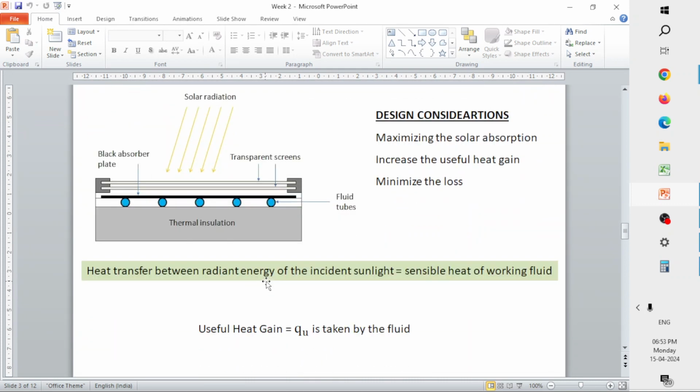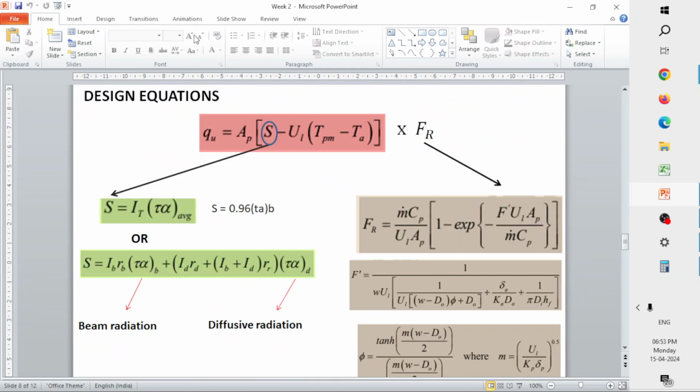Let's just quickly go through that section. Qu is the useful amount of heat that is gained, that is, the heat that your liquid will take up and store. It is expressed as Ap times S minus UL times Tpm minus Ta, times Fr.